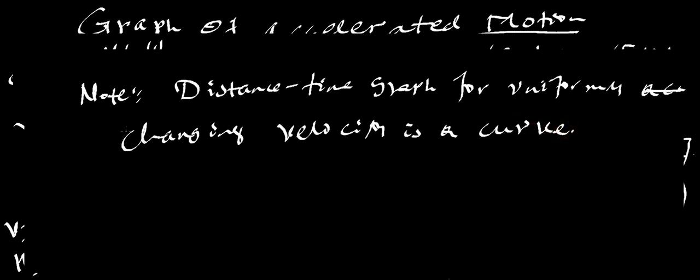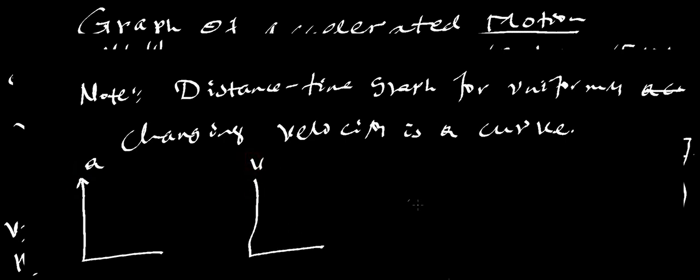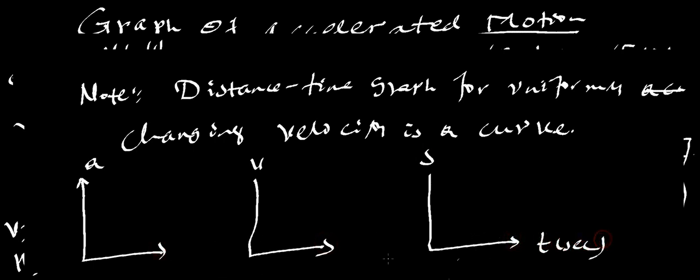Now let's generalize this. For uniformly accelerated motion, the graphs look like this. Let's say this is acceleration, this is velocity, and this one is distance. For the x-axis, always time in second.